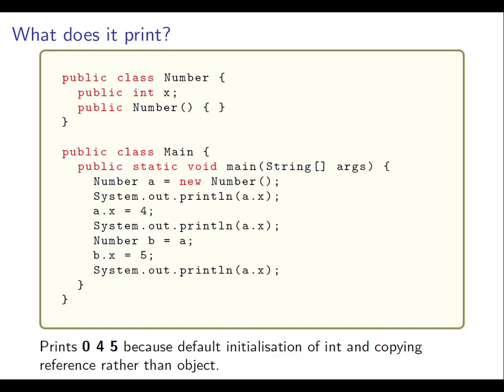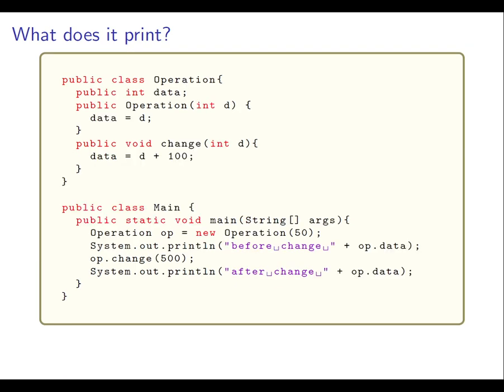We get the very same effect. And indeed, when we have the println, we could println a.x, or we could println b.x, and we'd get the same result because a and b are the same object. They are two different references to that same number object that was created by the only new number line that we have in that main file. Okay? Next.